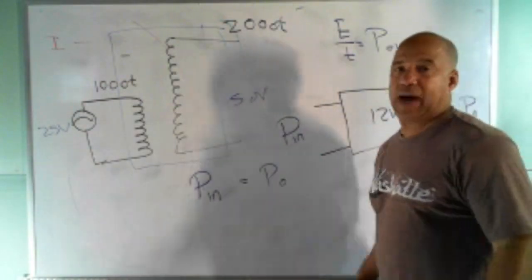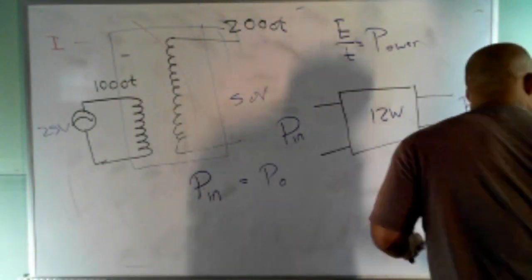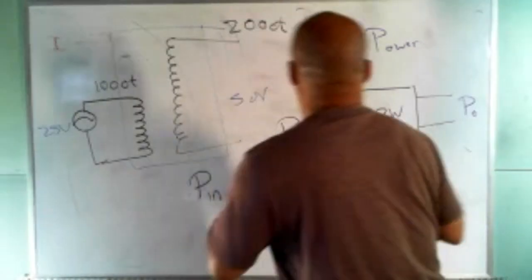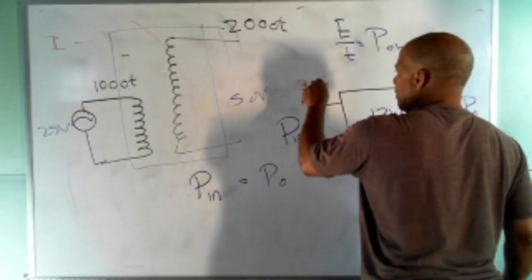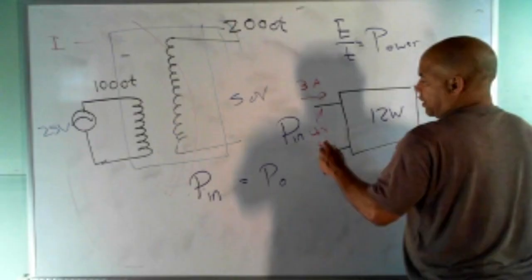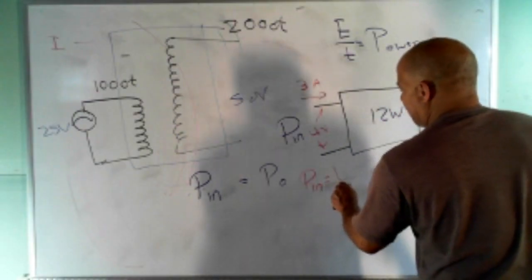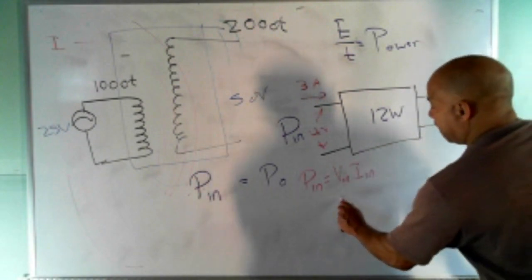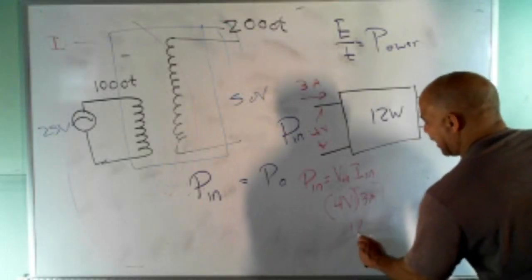I put in 12 watts through these two coils. Maybe I put in 3 amps of current and 4 volts of AC voltage. I know that P in equals V in times I in, which is 4 volts times 3 amps, and that gives me my 12 watts.